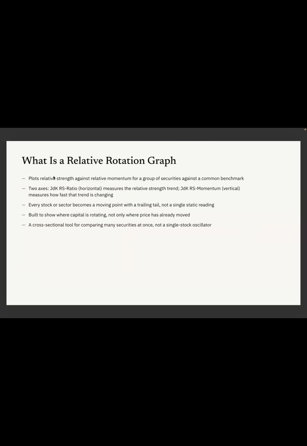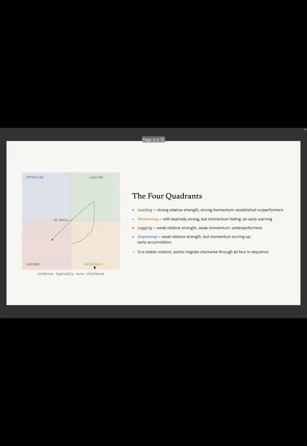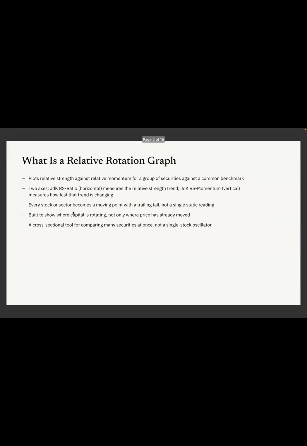We'll just go to the theory. You don't have to think much about it. Just have an understanding of what the particular axes are. A relative rotation graph plots the relative strength against the relative momentum for a group of securities against a common benchmark. Every chart would be compared against a particular benchmark, say Nifty 500 or Midcap 500, and depending on that, the chart is created.